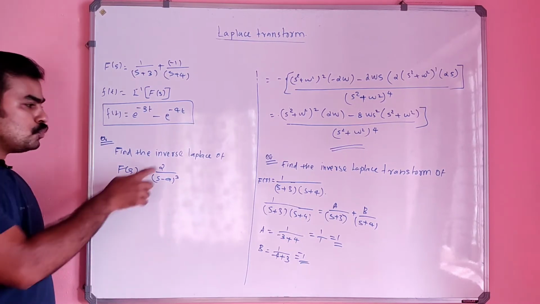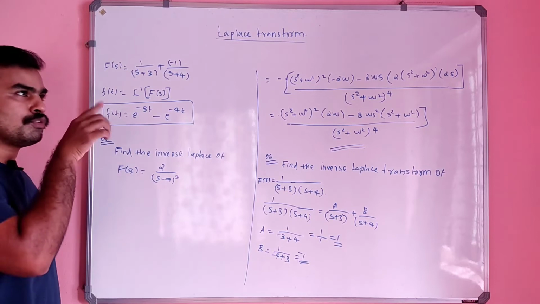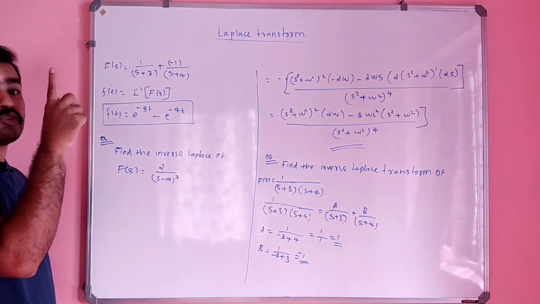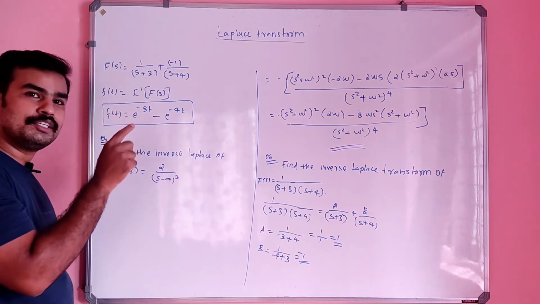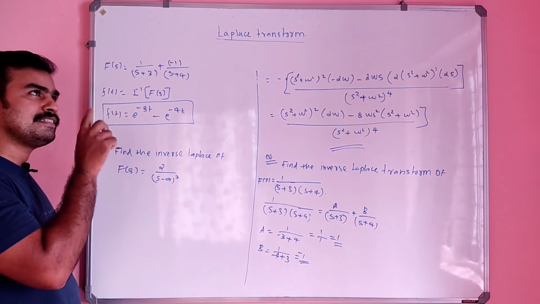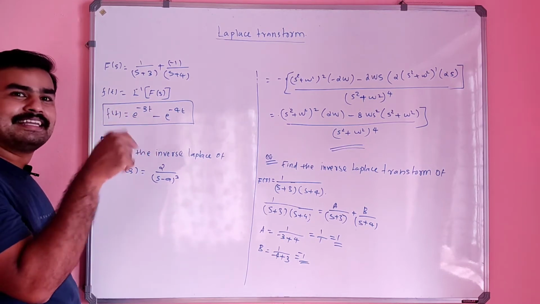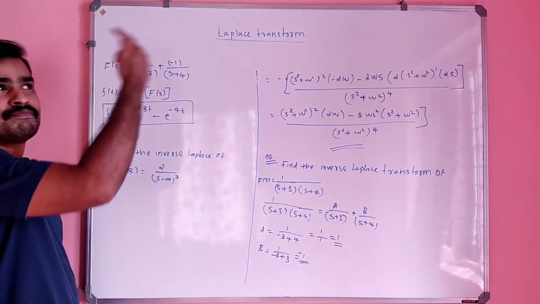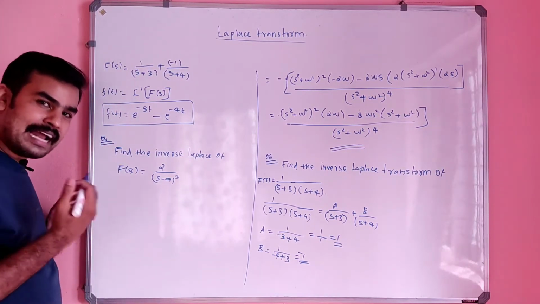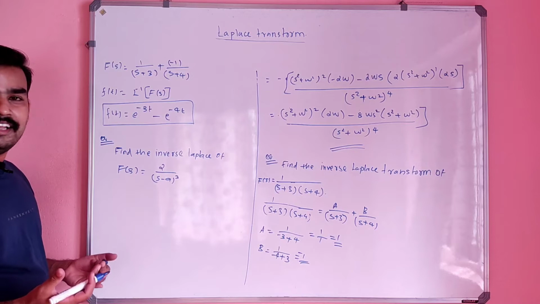You have to think in reverse. What will be the question if it is something divided by s minus a? From where it originated? Two things you have to think about, and the answer will lie in that thinking.